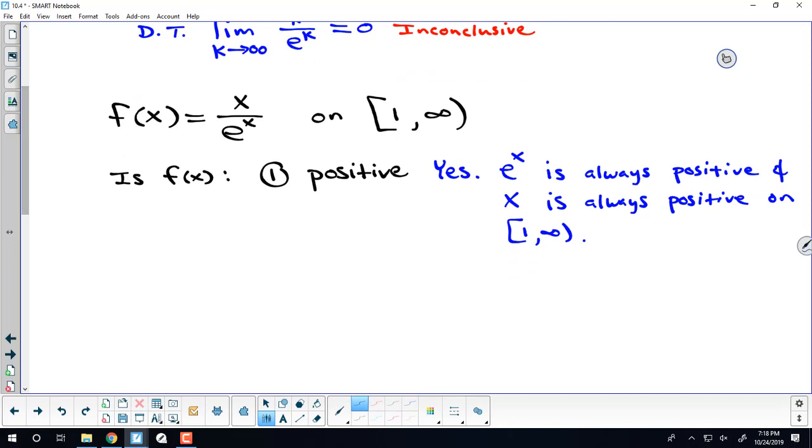I guess it doesn't matter what order we apply these, but we need to address all three. Is that function continuous? Yes. We're only dividing by e to the x, and we know e to the x is never 0.